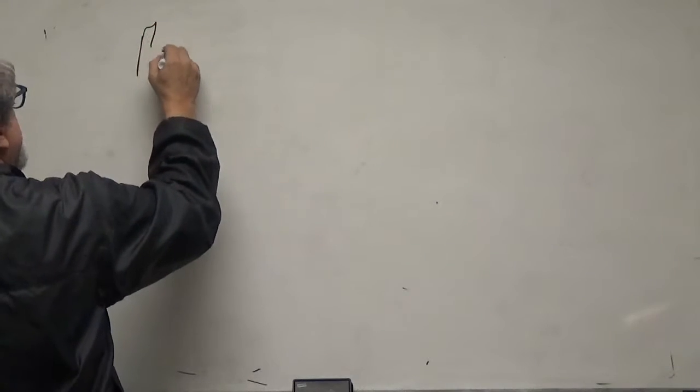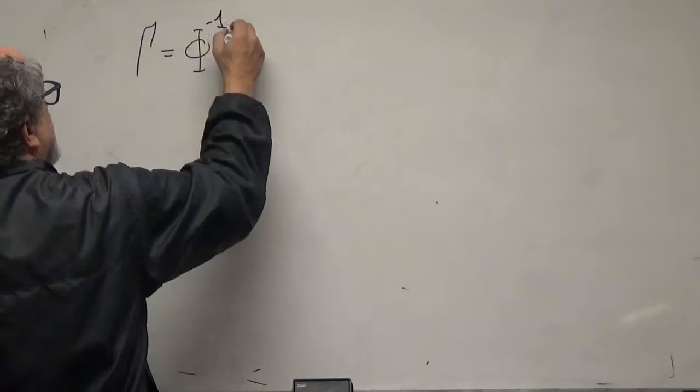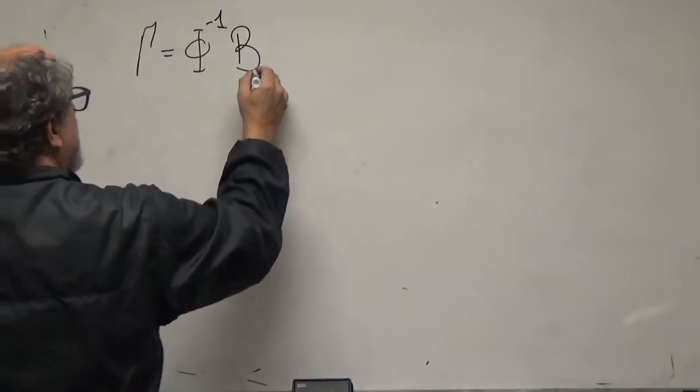With regards to, so I guess this is, oh no, there's one last word. One last word. Remember that tau is equal to phi to the minus 1 times b, right? Times b continuous.